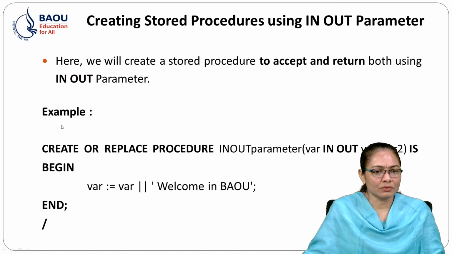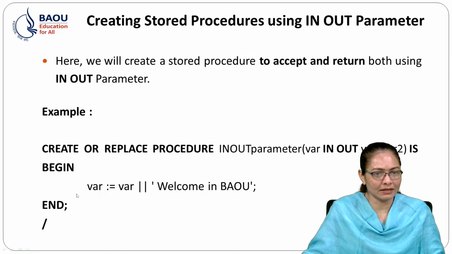Now in this example, create or replace procedure, then procedure name. You can give any name to the procedure. In the bracket, where, then IN OUT, then VARCHAR2, then IS. In this, BEGIN and END.